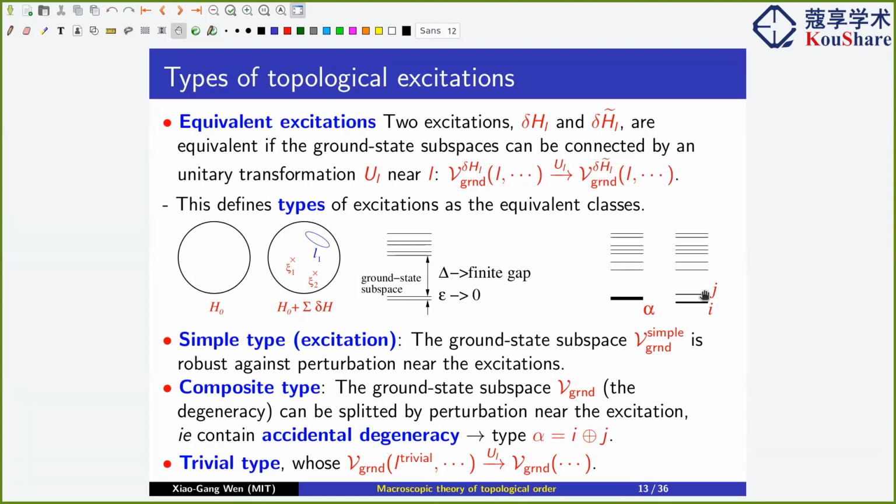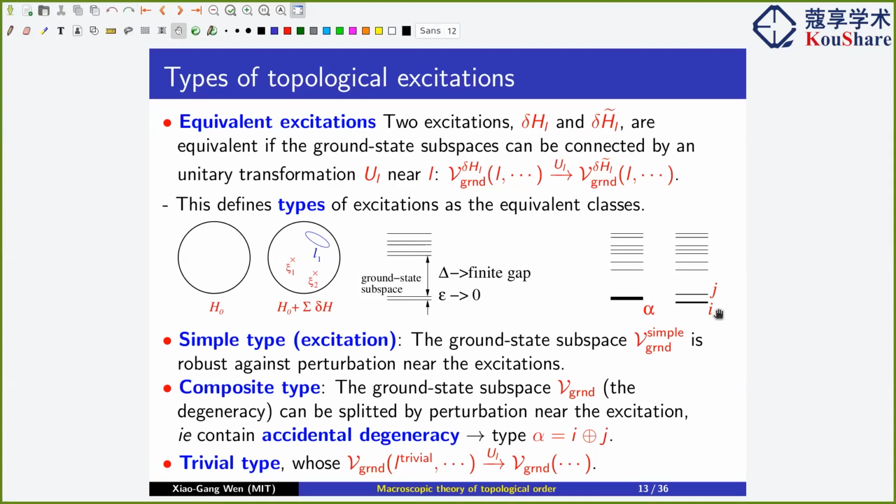Suppose we trap a spin 0 excitation and a spin 1 excitation at exactly the same energy. So my trap has a fourfold degeneracy, but the fourfold degeneracy really comes from spin singlet and spin triplet. Then when you modify your trap a little bit while still maintaining rotation symmetry, the singlet and triplet may split. So this may happen.